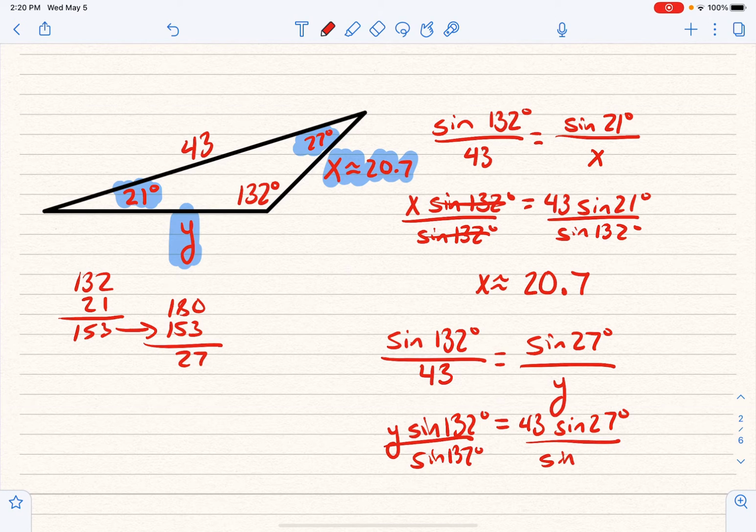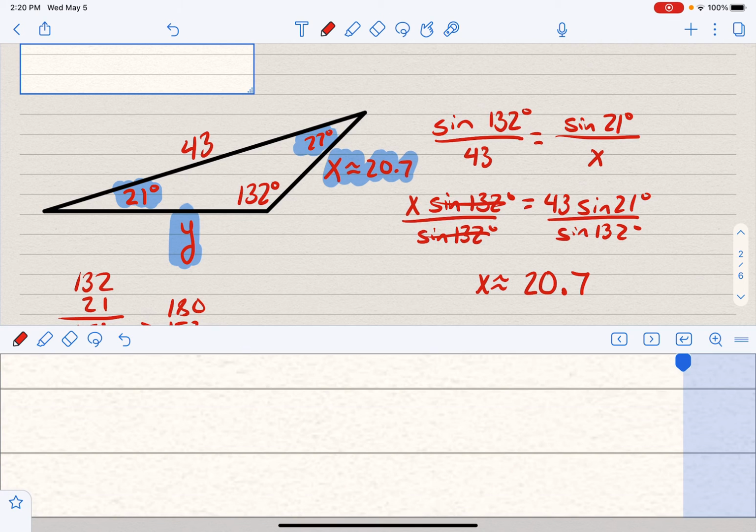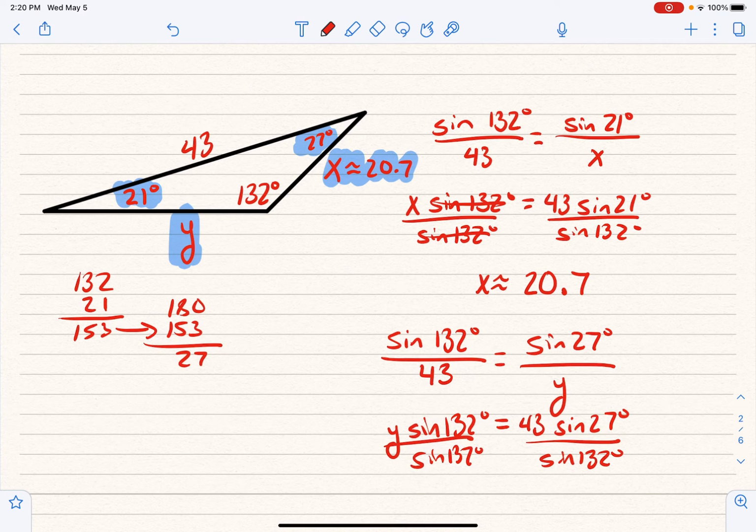And you divide both sides by the sine of 132. These cancel out. And you get 43 times the sine of 27, close parentheses, divided by the sine of 132, close parentheses. And I get that y is about 26.2688. So y is about 26.3. And does that make sense?